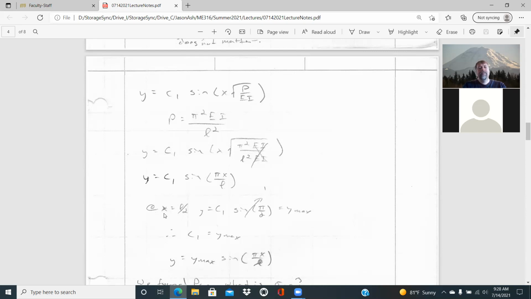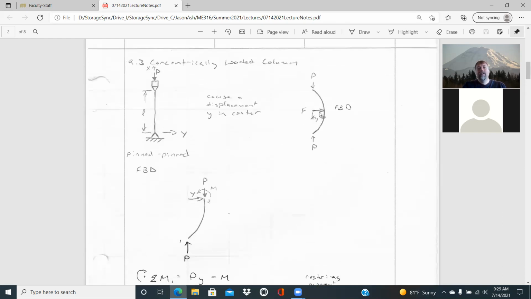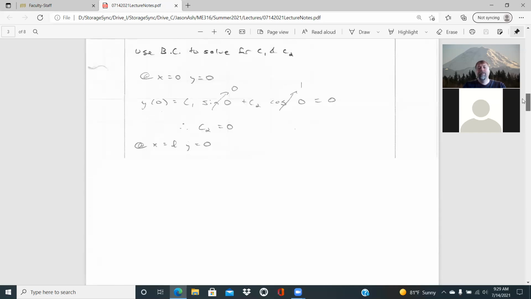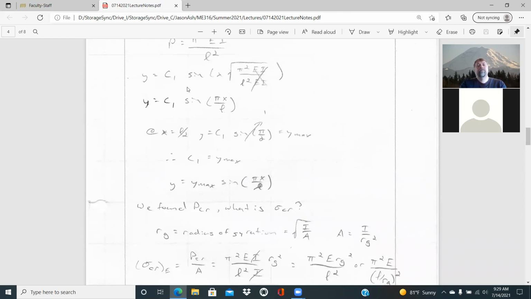And at x equal to L over 2, we know that's going to be the maximum lateral deformation. If we go back up here, at this point in the center is where the maximum lateral deformation will occur. And so when you put that in there in L over 2, the L's will cancel and you'll be left with a pi over 2.